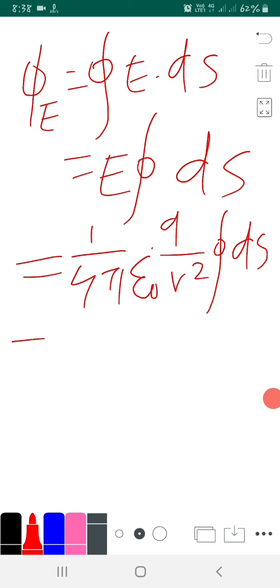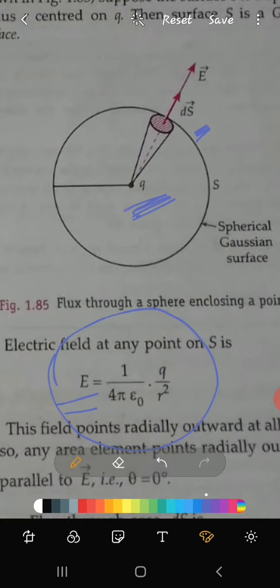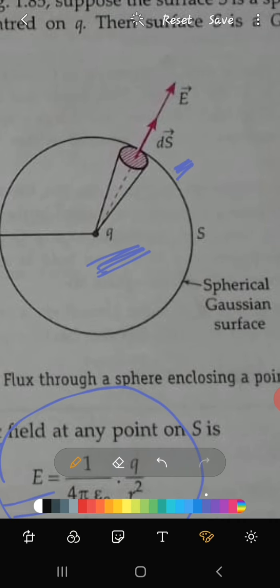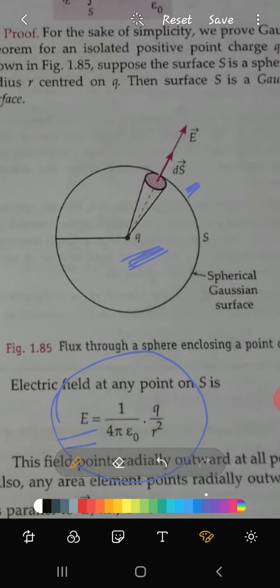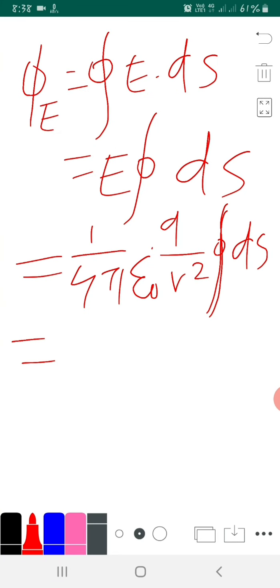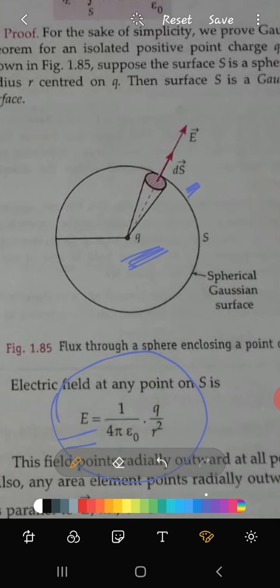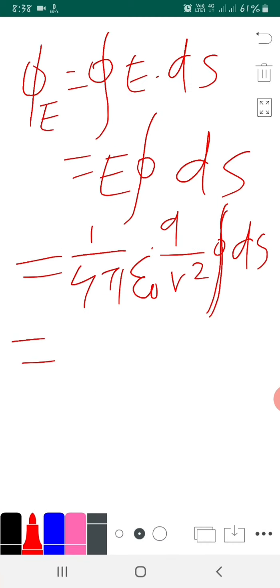Now next point. What is ds in this case? ds is the surface area, and we have to take the integration of ds, which means we have to take all the surface area. So the total area of the sphere or Gaussian surface is nothing but 4 pi r square.